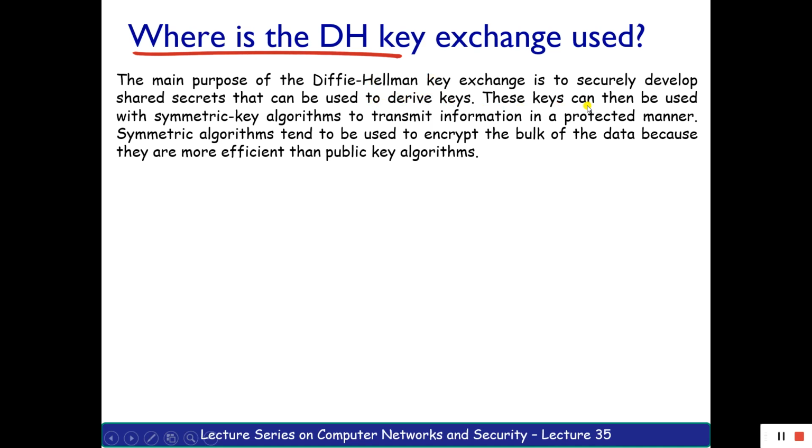These key exchanges can then be used with symmetric key algorithms to transmit information in a protected manner. Symmetric algorithms tend to be used to encrypt the bulk of the data because they are usually more efficient than public key algorithms.